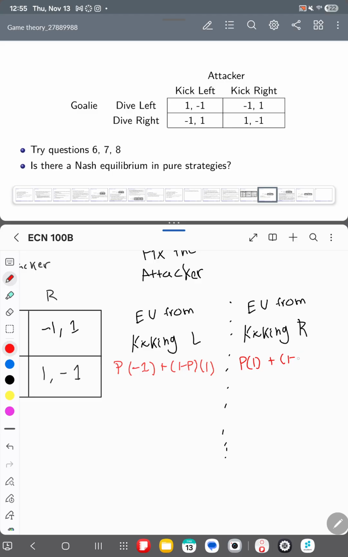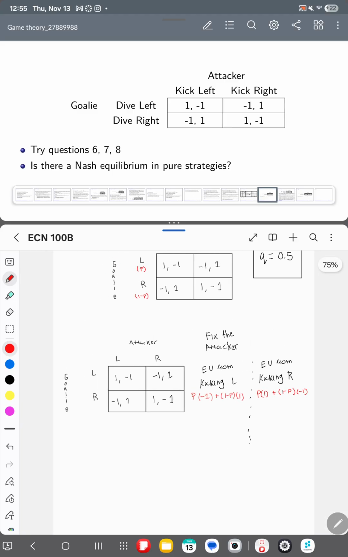What's the next step? The next step is, remember, we need to have the indifference condition. So the equality comes from the attacker must be indifferent for her to want to randomize among her actions.